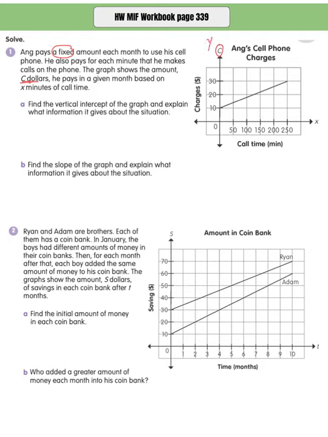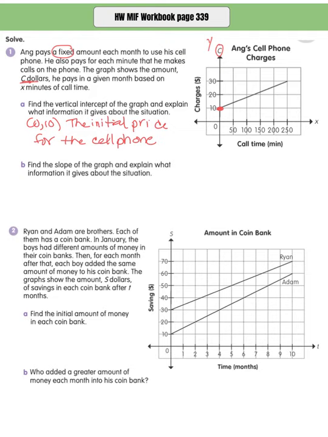Okay? Find the vertical intercept. So the vertical intercept is your Y-intercept, which is at 10 right here. Okay, so here the vertical intercept is going to be (0, 10). And that is the initial price for the cell phone.